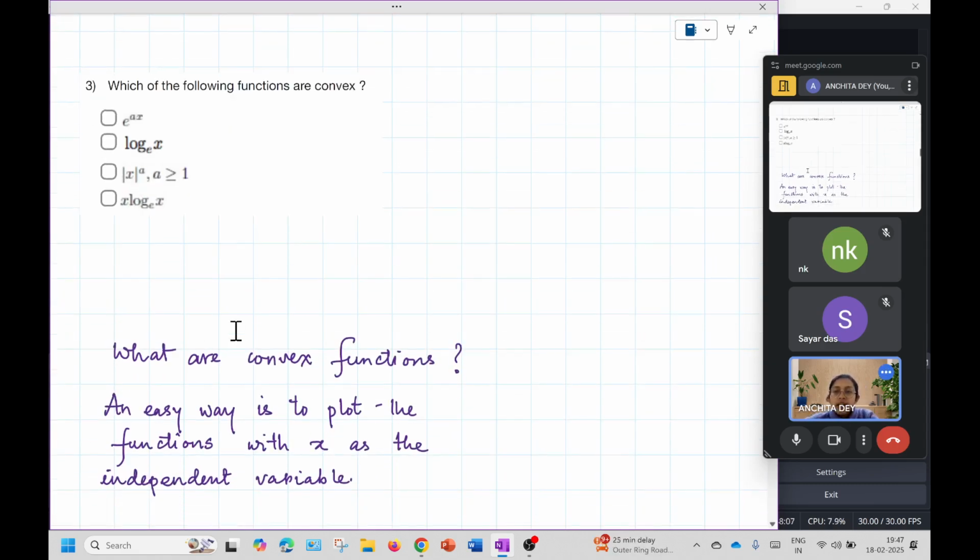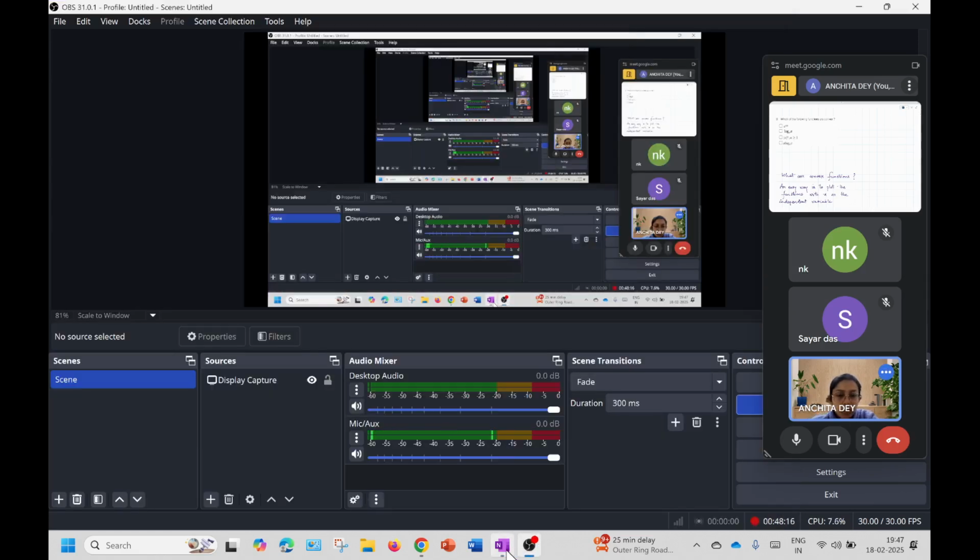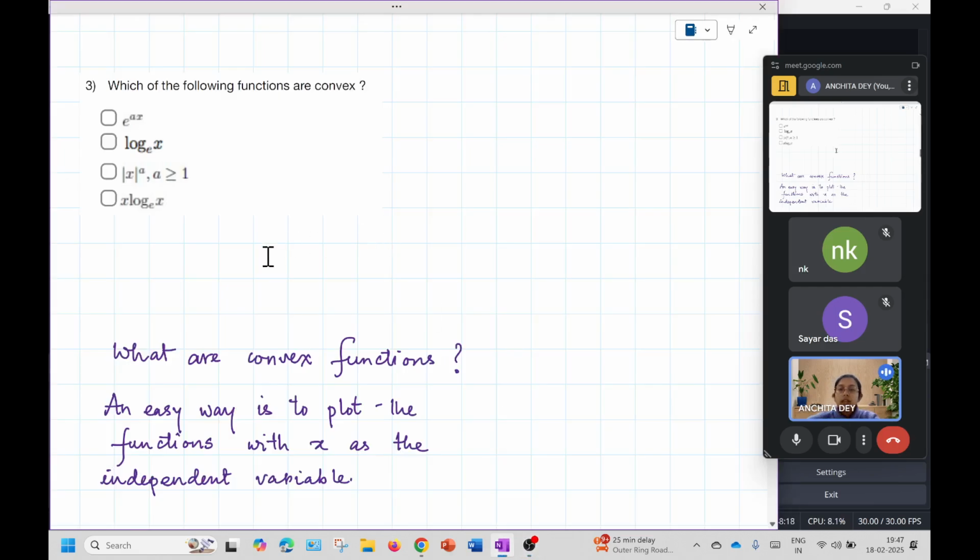To find out which of the following functions are convex, the easy way is to plot the functions with x as the independent variable. Let's see if it matches with the analytical derivations that we'll do later.